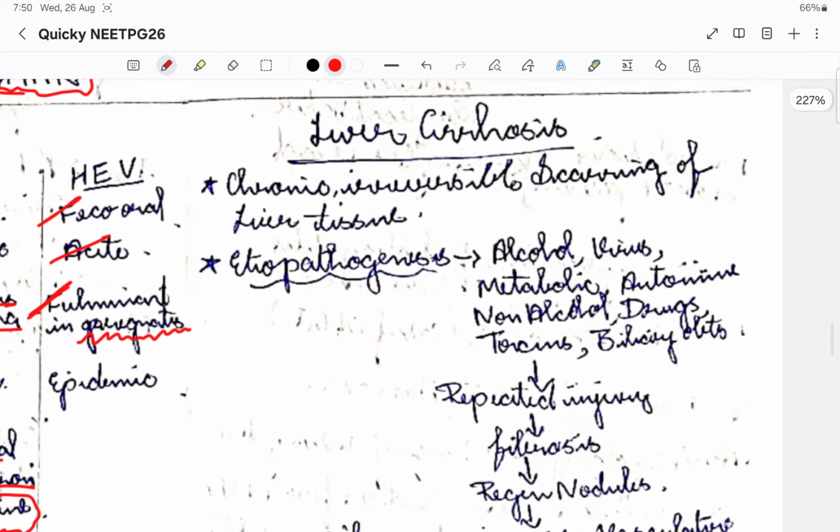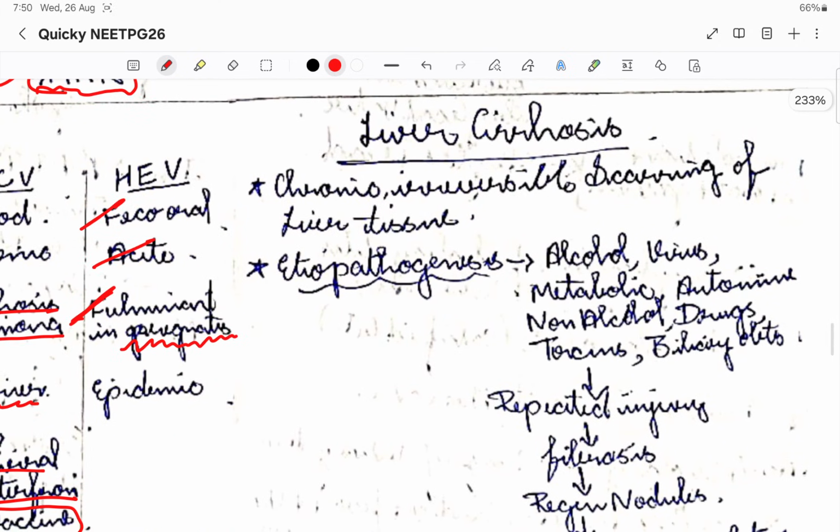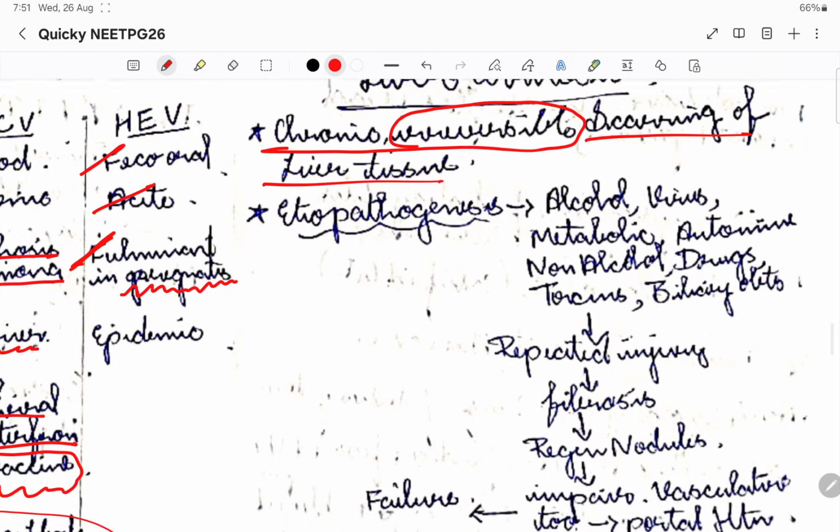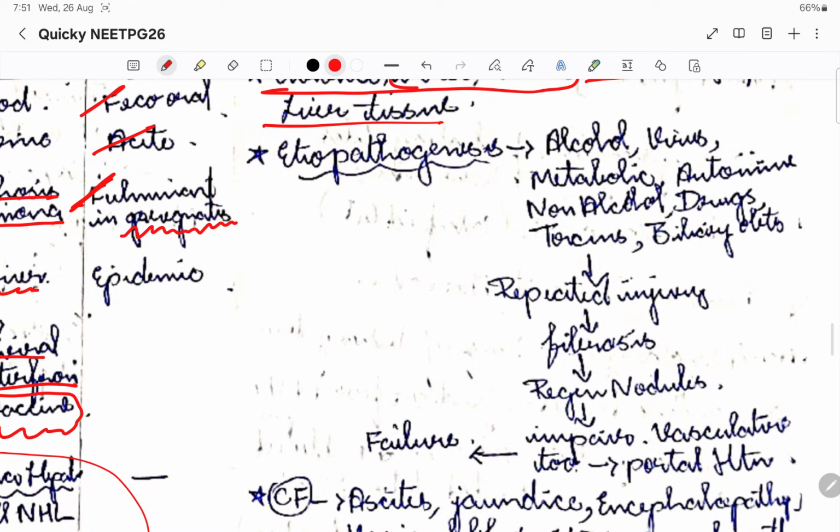Liver cirrhosis, we discussed, right? Because of some insult, there is increased fibrosis and sclerosis, which will lead to portal hypertension and cirrhosis. It is basically chronic, irreversible scarring of liver tissue. For etiopathogenesis, we discussed all the etiologies: alcohol, virus, metabolic disorders, autoimmune disorders, non-alcoholic disorders, drugs, toxins, or biliary obstruction.